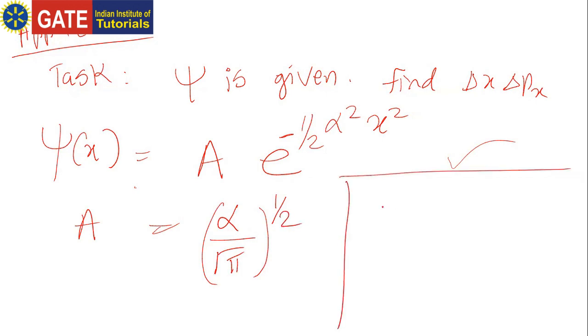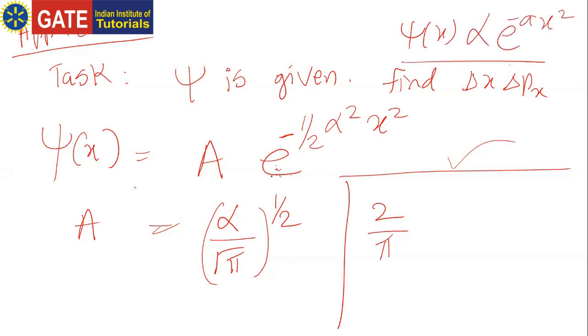Could you remember the formula? This is an example of a Gaussian wave function: psi of x proportional to e power minus ax square. For a Gaussian wave function, the normalization constant is equal to 2 by pi into the coefficient of x square, all power 1 by 4.